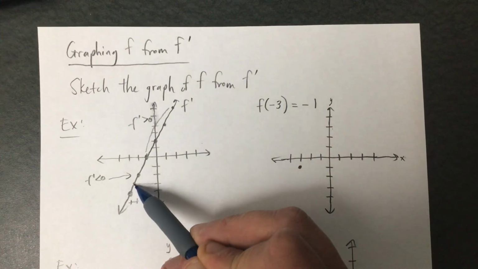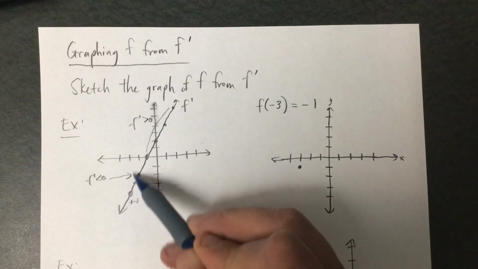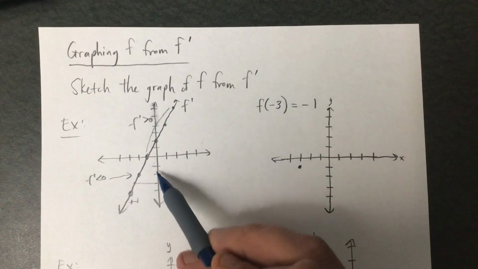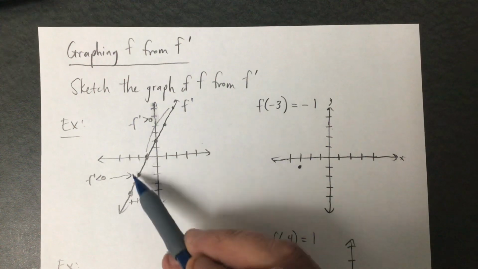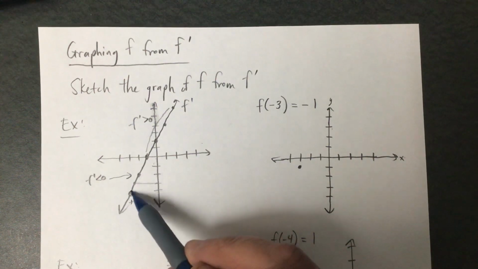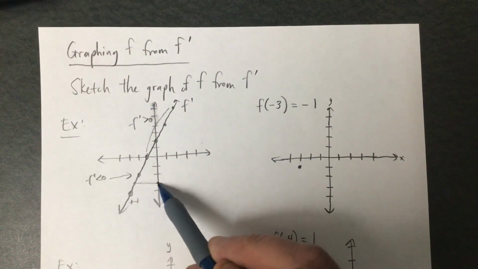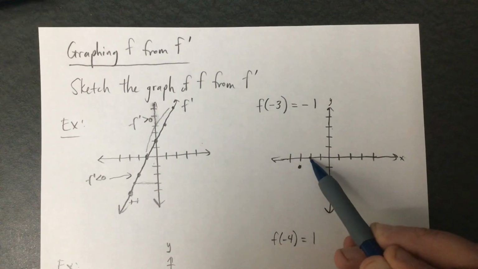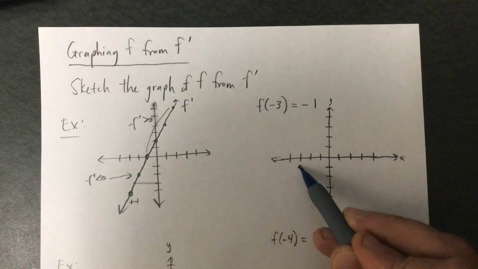So what does that mean? That means that from -3 to -2, the function should decrease by about 3. Again, because the average rate of change between these two points is about -3. That means between -3 and -2 here, I should go down about 3.